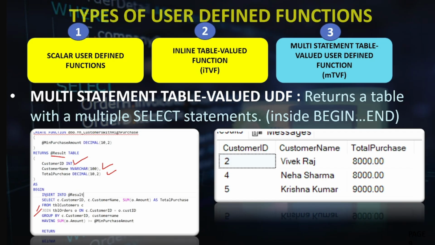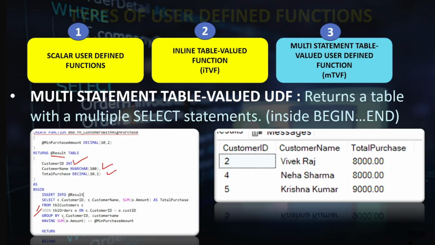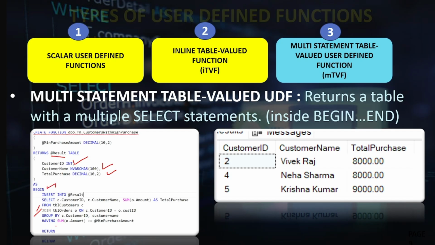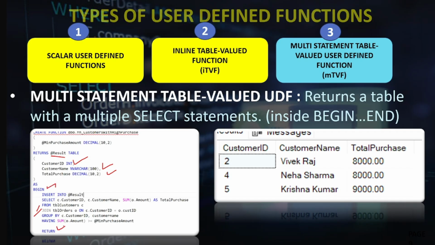So here we are doing a lot of calculations, and we are inserting into this, and then we are returning. So you know that there is a begin and end here. In multi-statement table valued functions, there is a begin and end involved, and there are multiple select statements. They can be combined together using joins or other relationships, and here is the result.